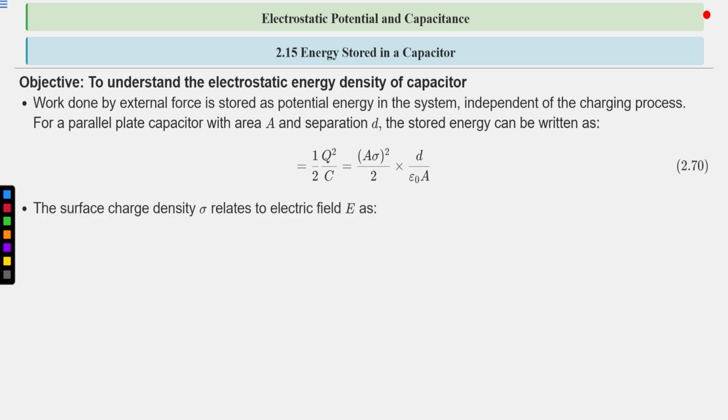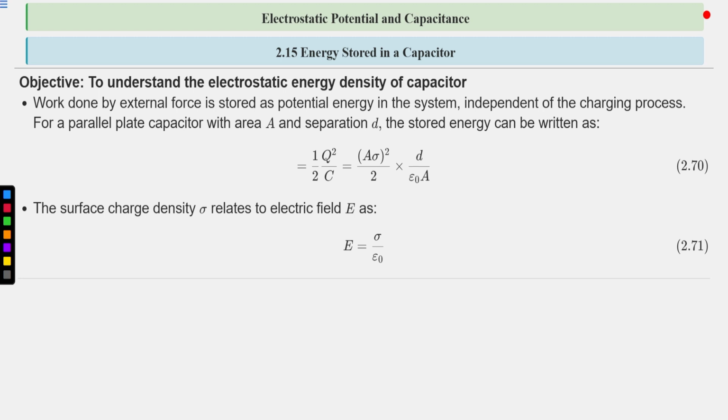The surface charge density sigma relates to the electric field E as E equals sigma by epsilon naught. After solving this equation, one A will cancel out, so it will become sigma squared.